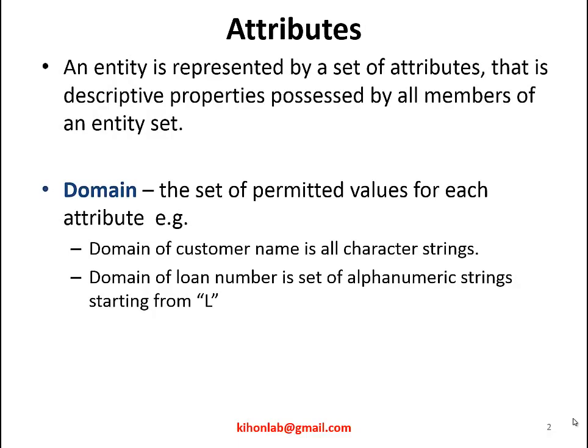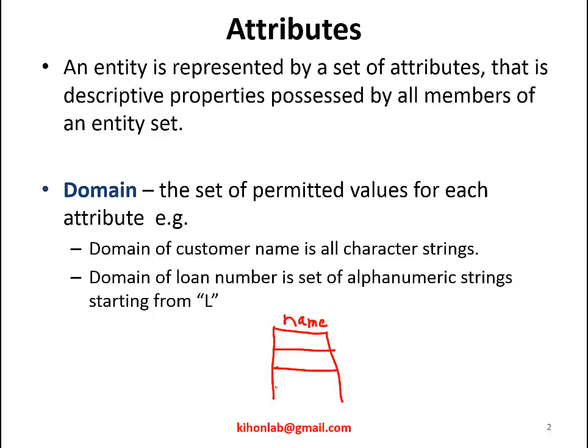Domain is the set of permitted values for each attribute. That is what is called the domain of a particular attribute. An attribute is represented by a column in the database management system. So when you have your ER diagram ready, an attribute is nothing but a column name, and it can have its domain.